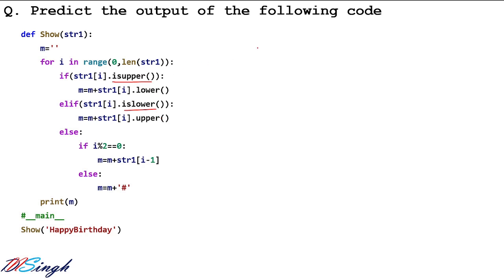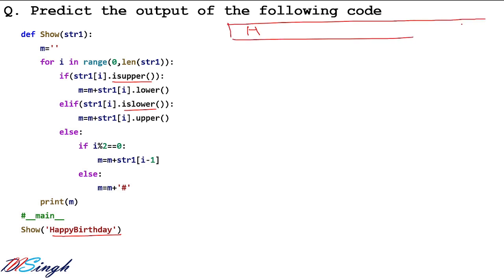So let us see how it will work. Here we have a string which is passed to the function, that is happy birthday. I will write it like this so it is easy to count.